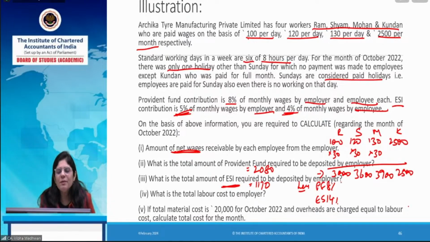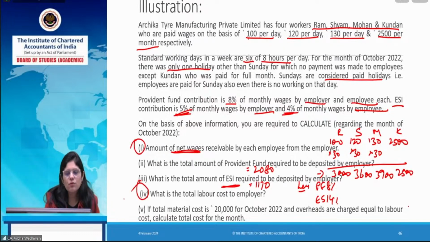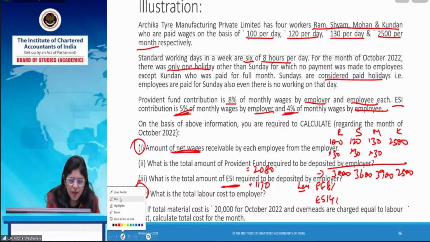Here you will be adding employer contribution. Clear? In calculating the labor cost, we add employer contribution. When we calculate net earnings, we deduct employee contribution. There's a difference between part 1 and part 4. So employer contribution here we have to add.